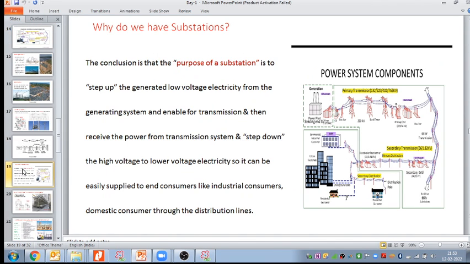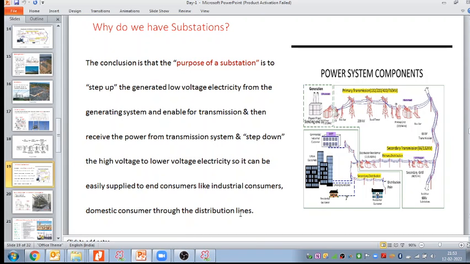So if we conclude why we have the substations, the purpose of substations is to step up the low voltage electricity from the generating system and enable transmission, and then receive the power from the transmission system and step down the high voltage to lower voltage electricity, so it can be easily supplied to end consumers, like industrial or domestic consumers, through the distribution line.